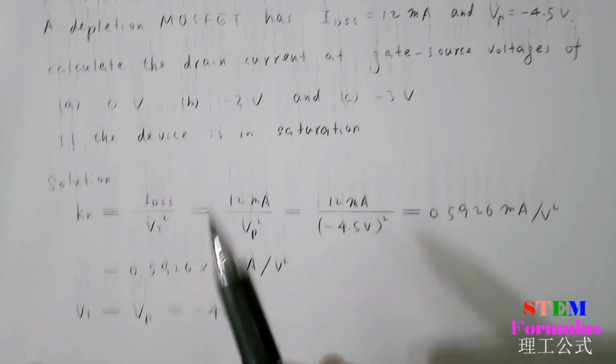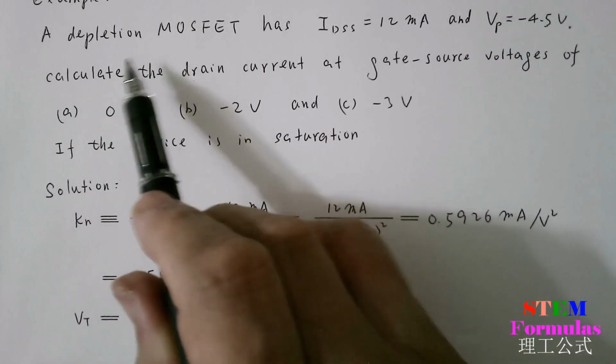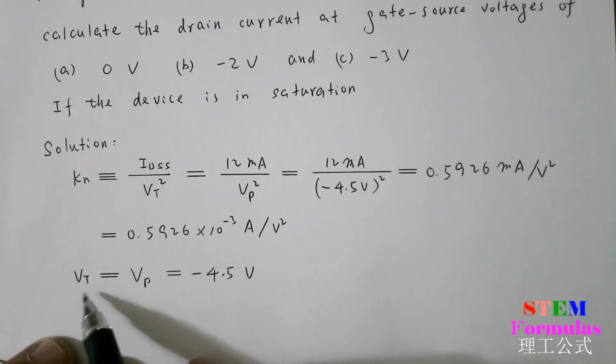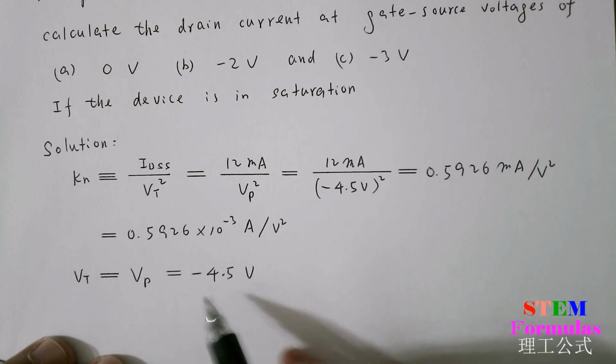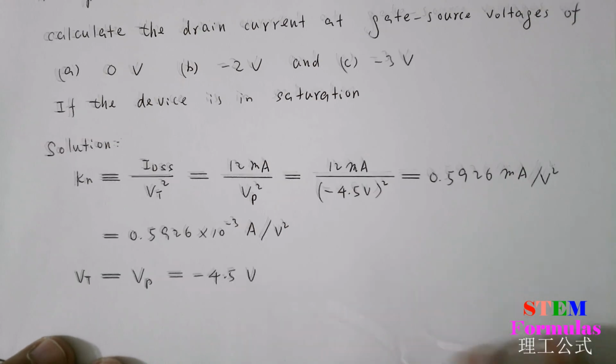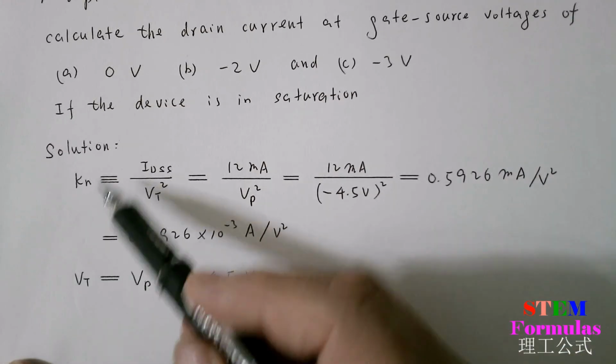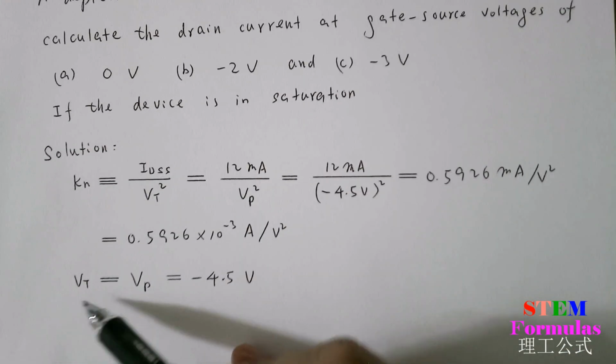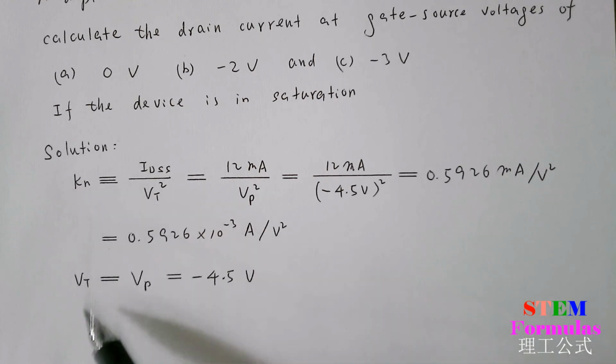So for a depletion type MOSFET, you want to make sure Vt equals negative, minus 4.5 volts. So once I have Kn and Vt, I can plug these two numbers into our Matlab code.